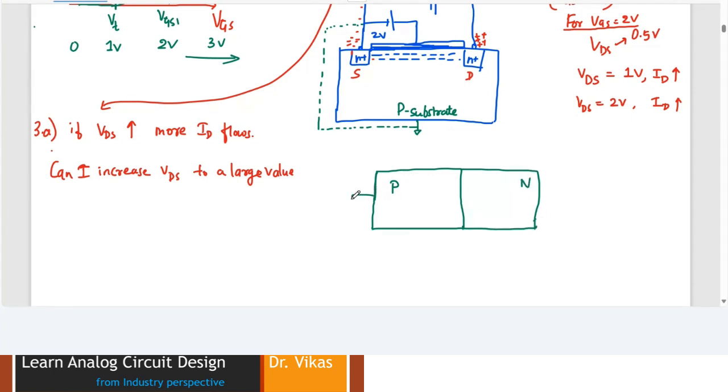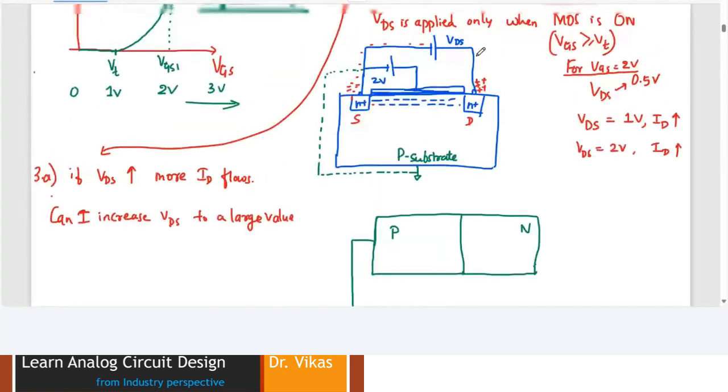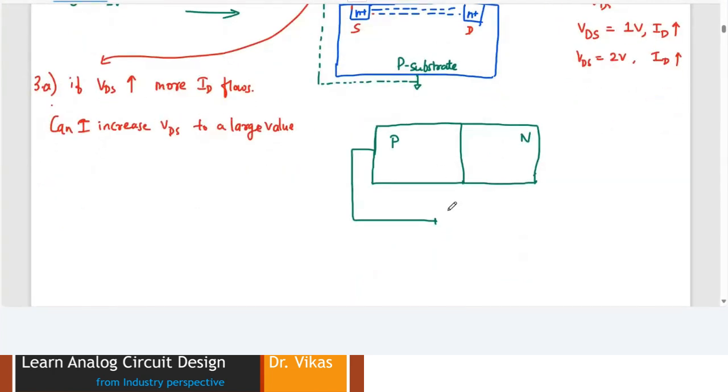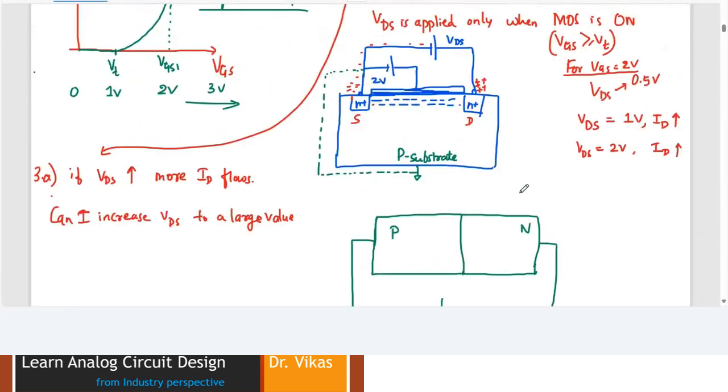Now P is connected to the negative, and where is my N connected? If you observe, N is connected to positive. That means if I look into this entire entity, what exactly were you doing? You were simply increasing the voltage VDS to ensure more and more current flows. But in due course of time, we came across a scenario where there is an inbuilt PN junction.